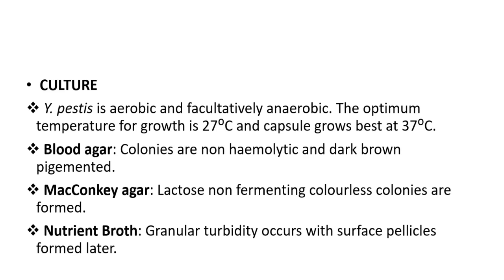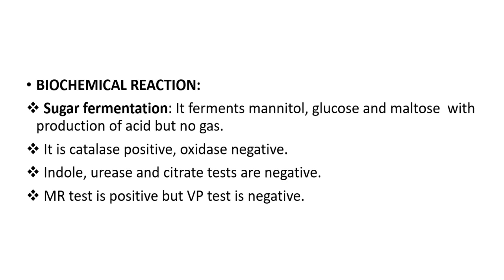In nutrient broth, we can see granular turbidity. This is the picture of Yersinia pestis on blood agar, and this is the granular turbidity produced by Yersinia in the nutrient broth.